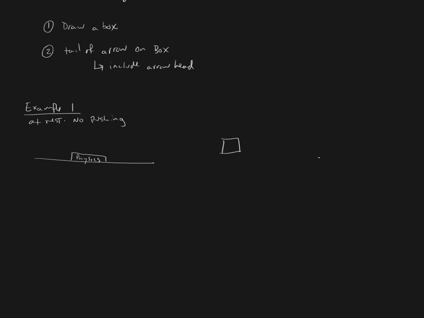And there's my box, which represents the book. Then I ask myself, what's touching the book? Okay, so here's our first question. What's touching? And the answer, tabletop. That's all we have touching.